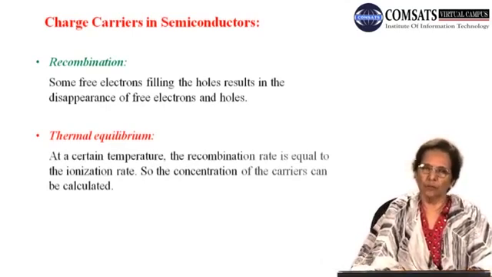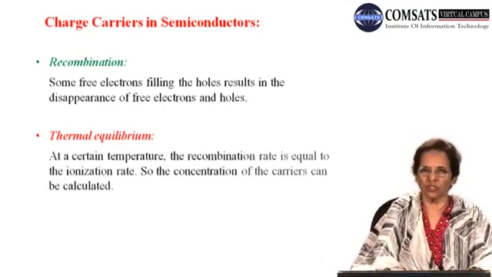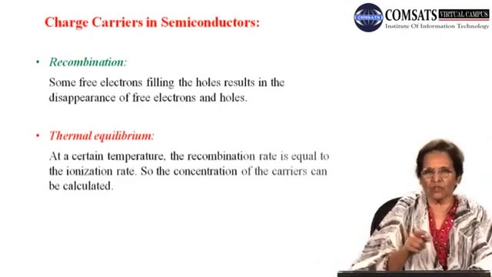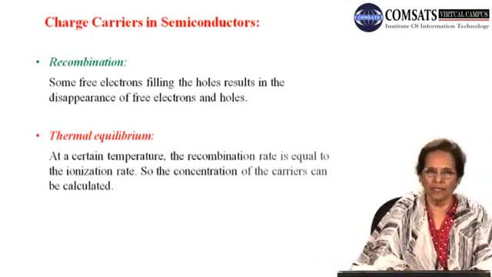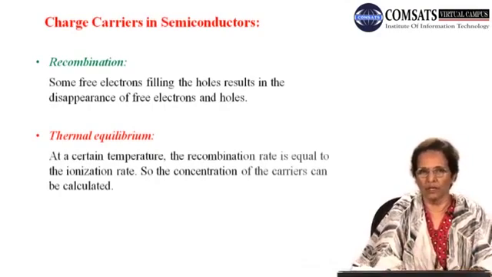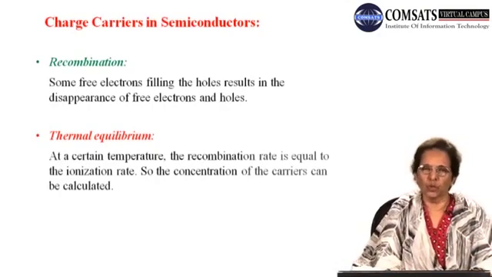In terms of the bond or crystal structure, free electrons come and make a complete bond again, become bonded again. So this process is termed as the electron hole recombination process.